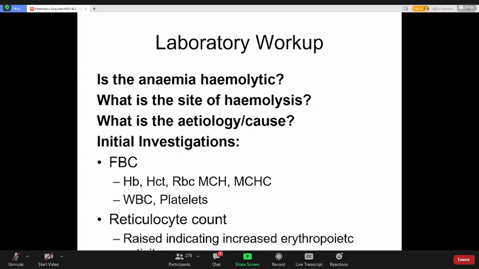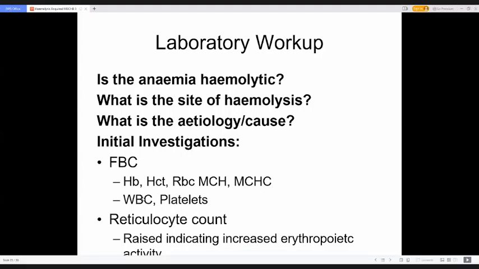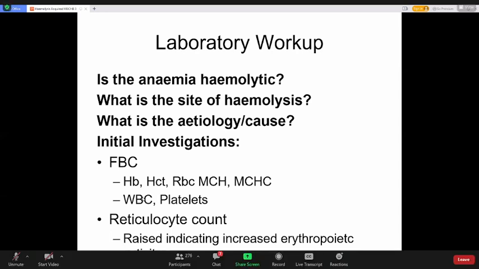So in the laboratory workup of patients with hemolytic anemia, I think you are given 3 basic principles in the way we investigate hemolytic anemia. First of all, if a patient comes with an anemia, is it hemolytic? So what do we do to find out whether there's hemolysis going on? All right.